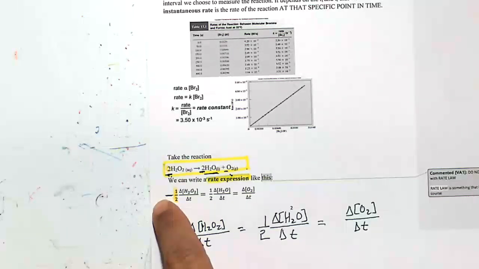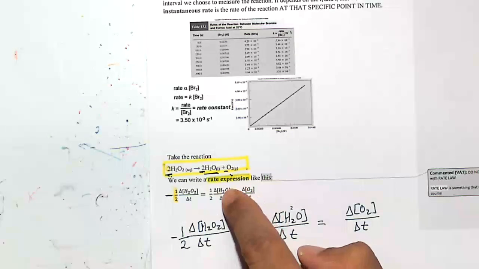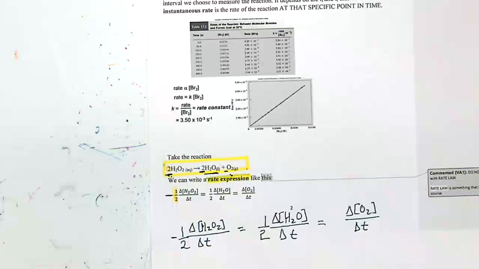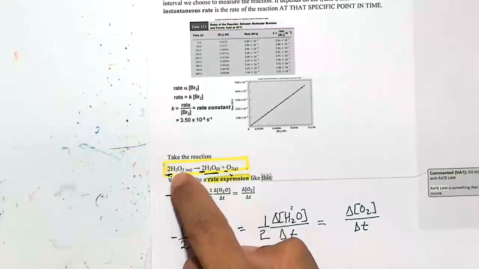But which one becomes the minus, the reactants or the products? Because they're going down over time, the reactants become negative, and the products become positive because they are increasing over time. Okay, this is the rate expression. Is this the rate law? No. You take the reciprocal of what again?